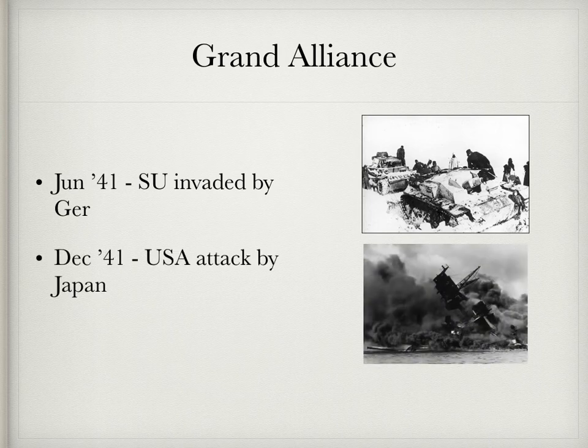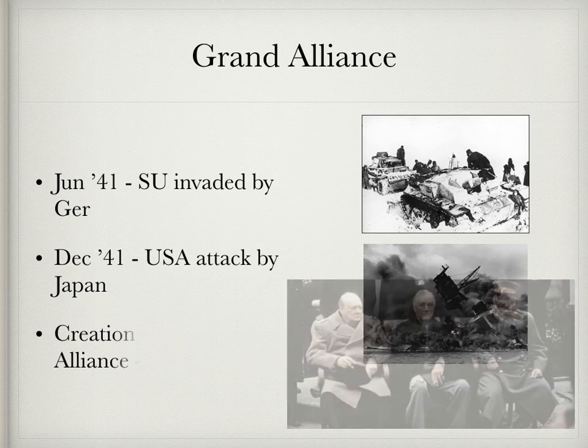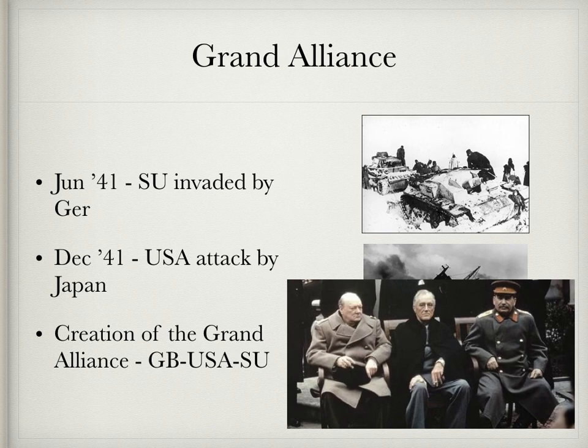In December of 1941, December 7th, the United States is attacked by Japan, bringing the United States into this war. So by the time we get into January of 1942, we now have the creation of the Grand Alliance. With Great Britain, seen here in the photo, we have Great Britain with Winston Churchill.